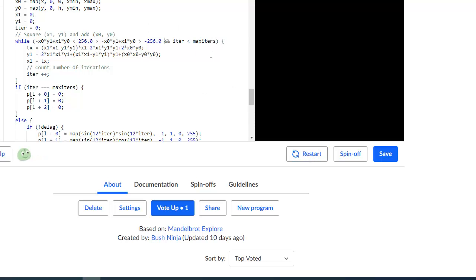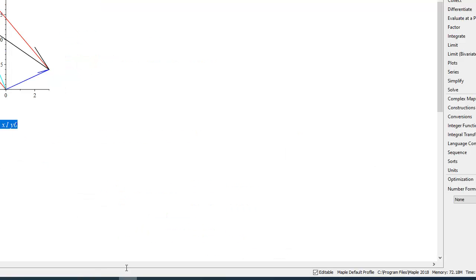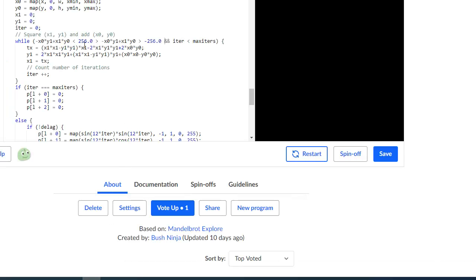And that there is way too big. We need a smaller area. Let's try 56. Let's try 6.